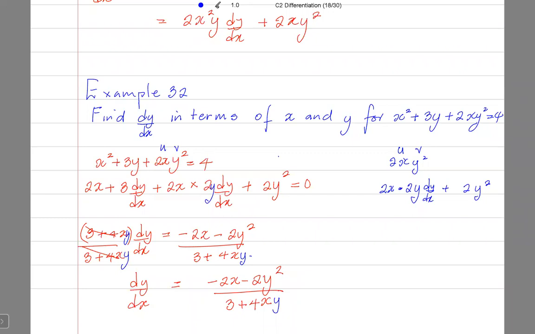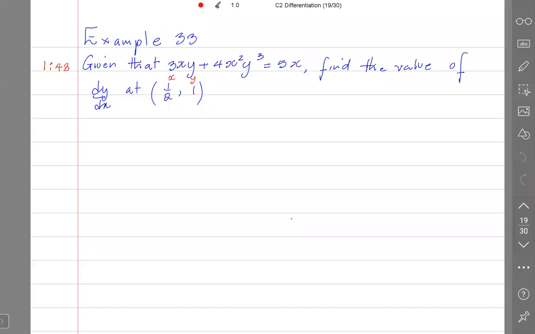All right, I need for you guys to look at example 33. Attention. So we're starting out with 3xy plus 4x squared y cubed, and this is equal to 5x.